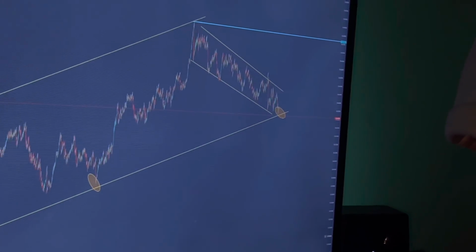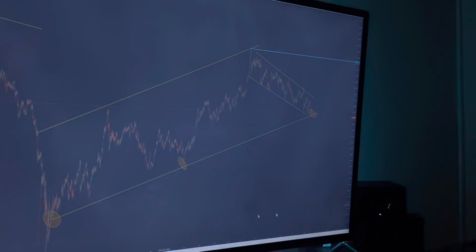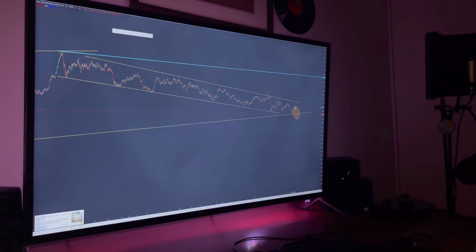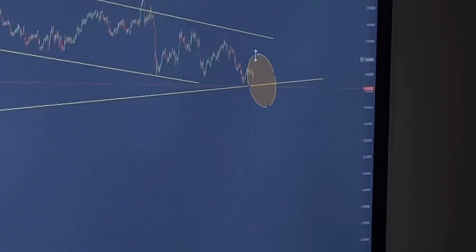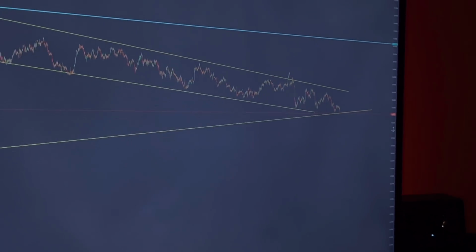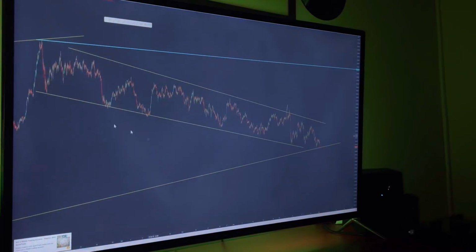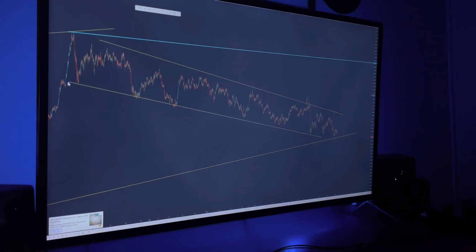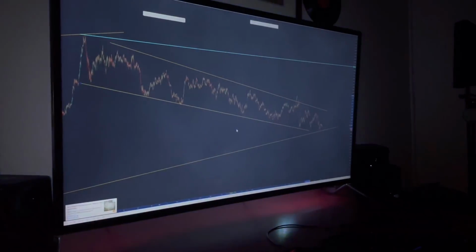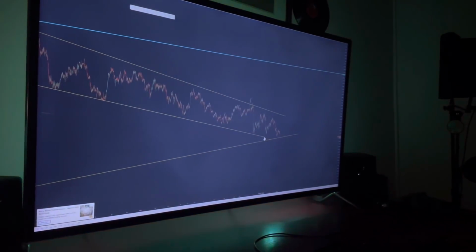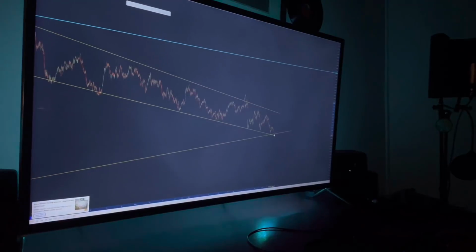So now I'll go to the 1 hour. I'll remove this thing so it doesn't disturb me when I'm busy analyzing. On the 1 hour guys, you can see for yourself that there were many valid touches, and as we go down you can see that the price has been respecting well.